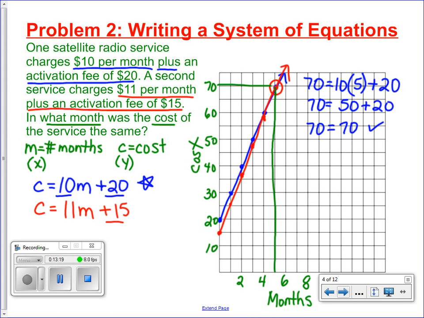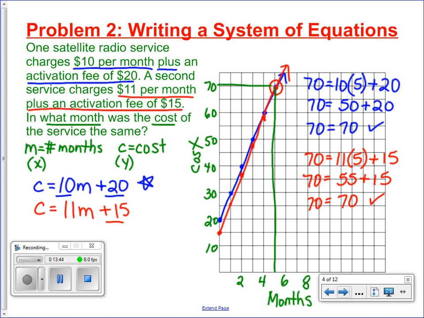In the second equation, let's substitute 70 in for the cost. This time we'll take 11 times 5, and we're going to add 15. All right, 11 times 5 is 55, plus 15, and once again, we do get 70. So it checks out in the second equation.